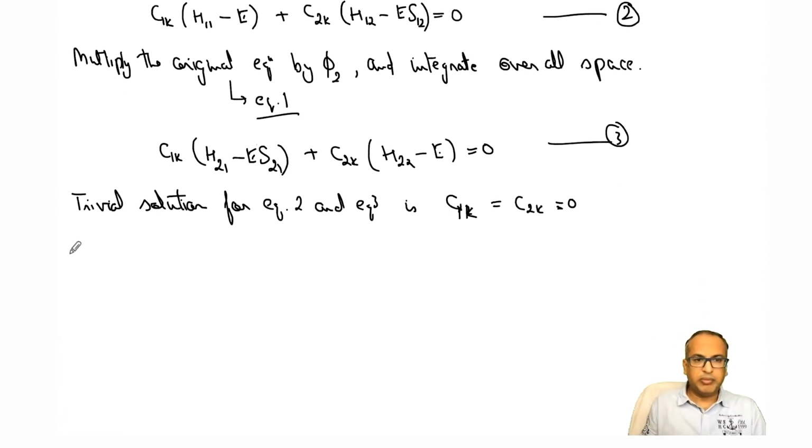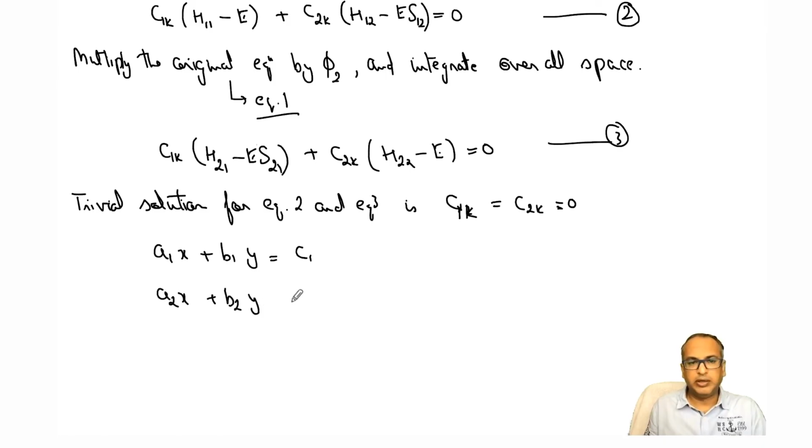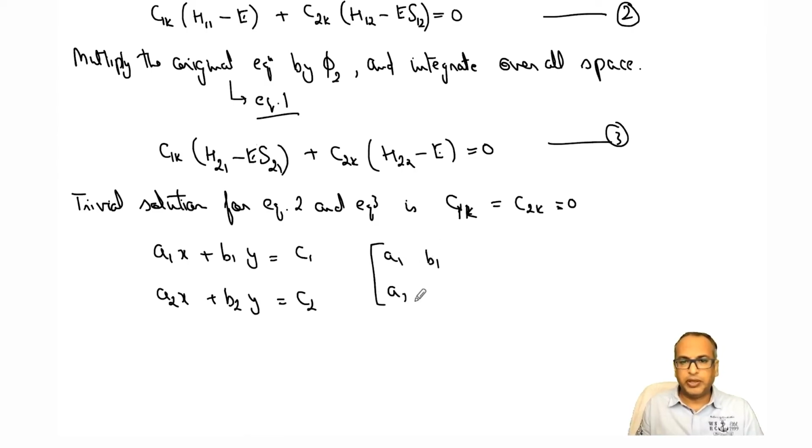If you remember, let's call it A1x plus B1y equals C1, and A2x plus B2y equals C2. You can convert this into matrix representation and write it as the matrix A1 B1, A2 B2, multiplied by x y, equals C1 C2, right?